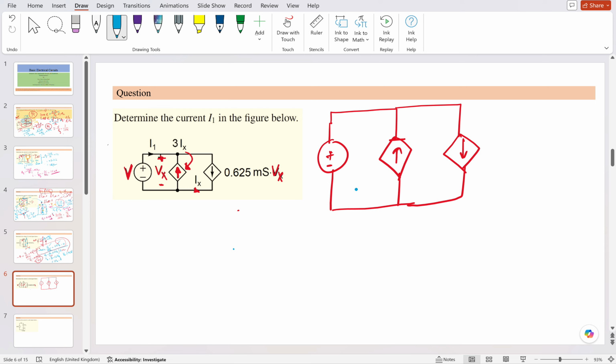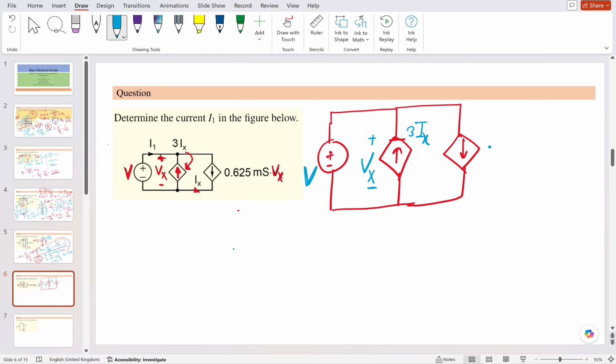So if you see the network, a voltage source is connected to a current source and a dependent current source, and the other end is also connected to the dependent current source. Its value is given as V, and across this current source the voltage is Vx, and its value is 3Ix.